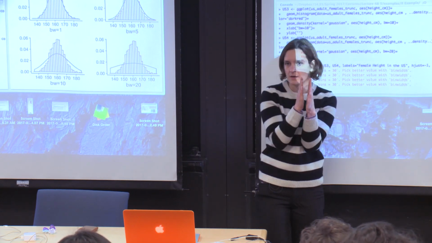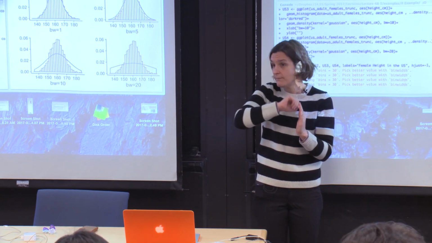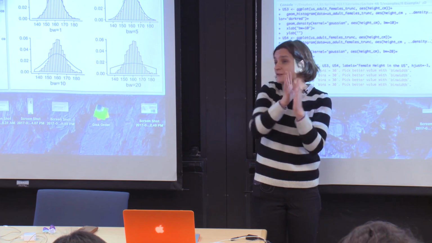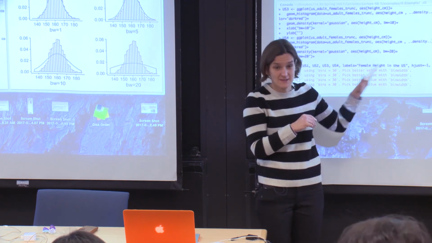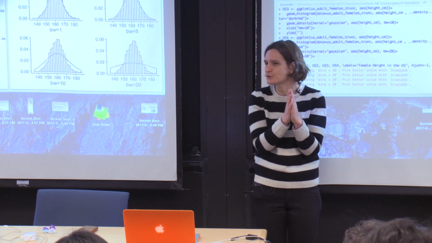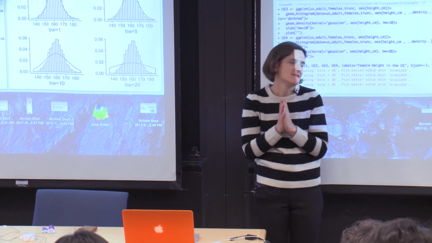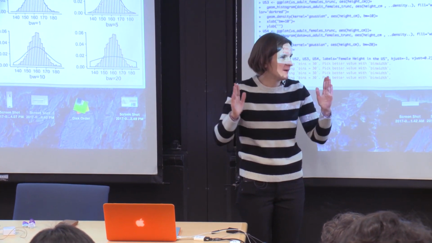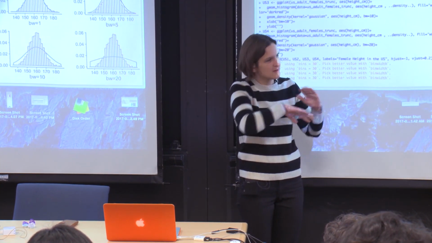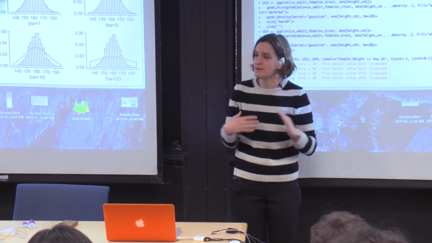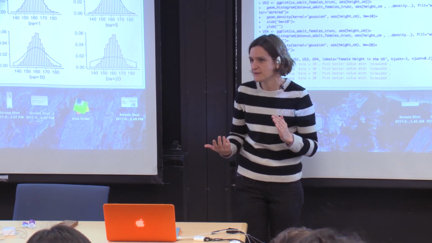The tinier the bandwidth, the closer I am to what the data is in the data set, but potentially too close. And the bigger it is, the smoother things are going to be, but potentially too smooth relative to the real distribution.